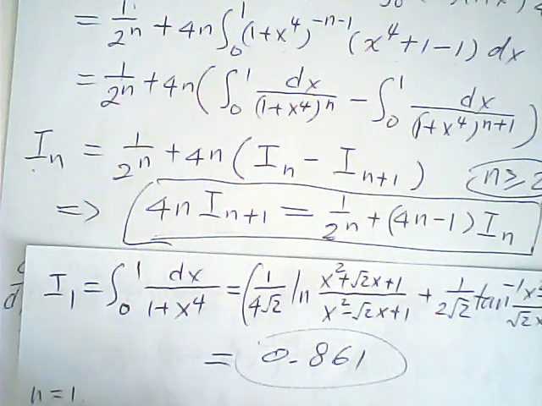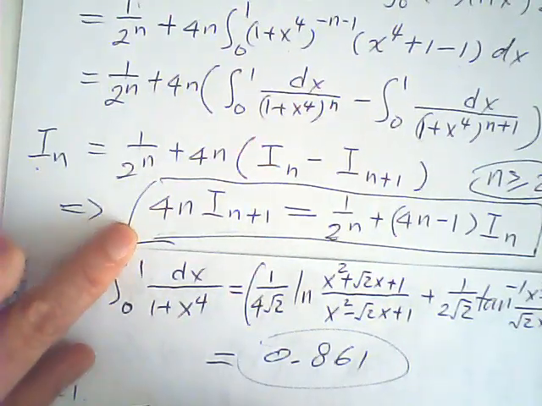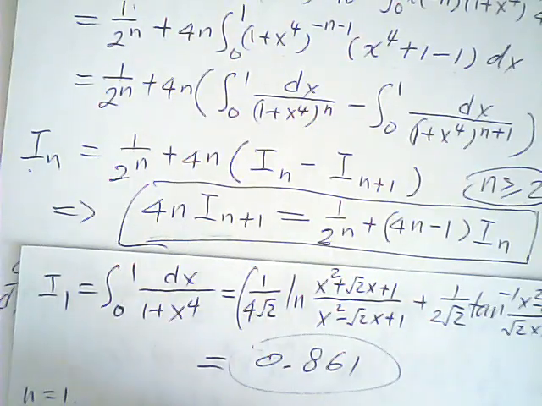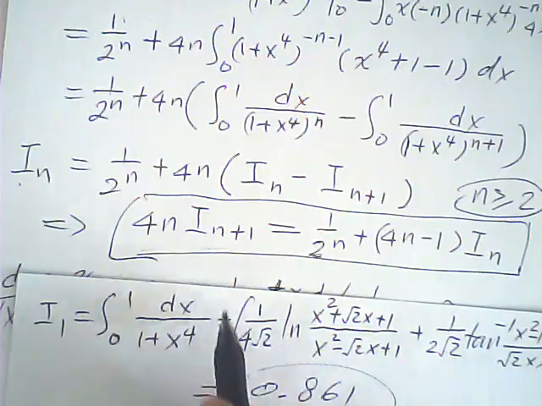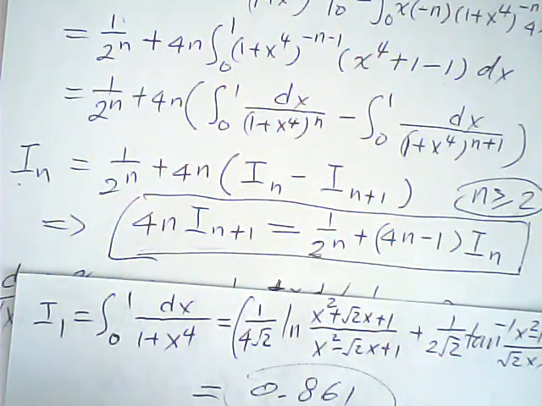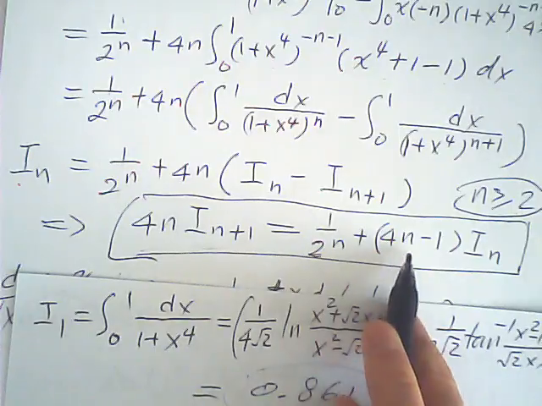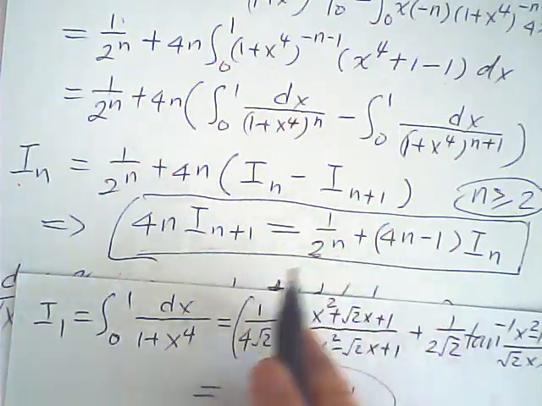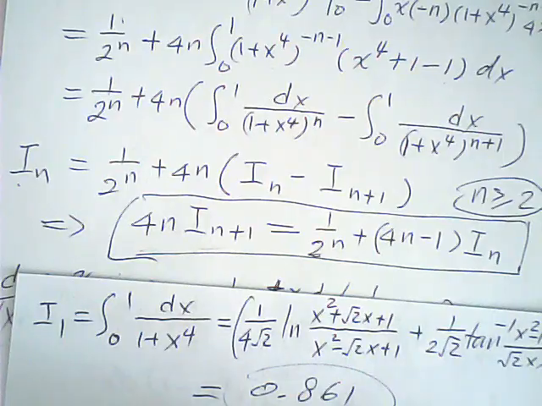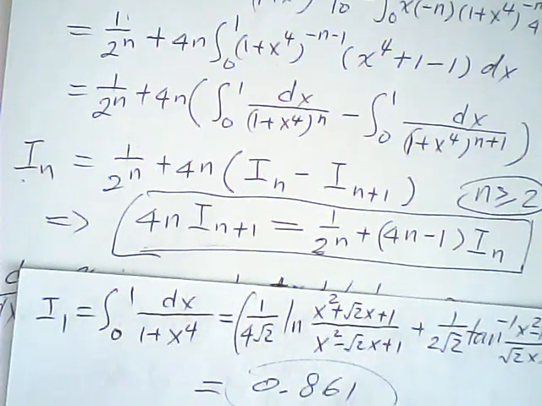So for I2 is equal to 1 over, here I'm using n equal to 1, right? That's 2 plus 4n minus 1, n equal to 1. So is equal to 3 I1.